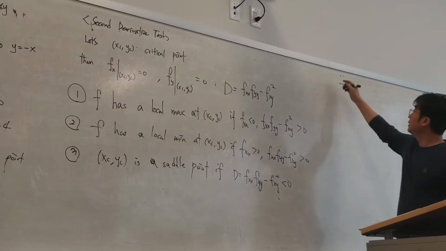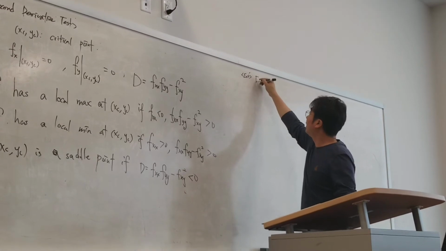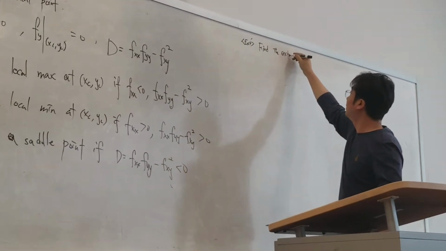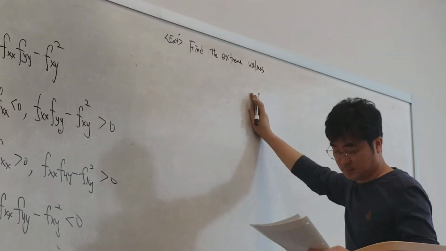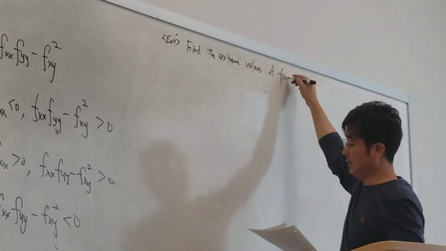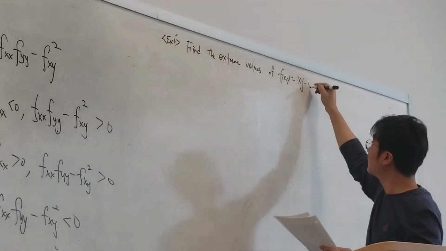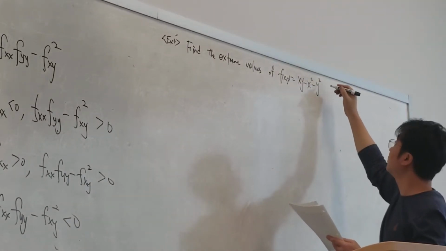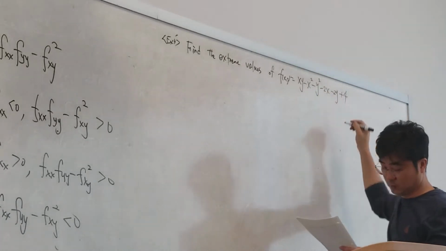Example number 3. Find the extreme value of f of x, y given by xy minus x squared minus y squared minus 2x minus 2y plus 4.